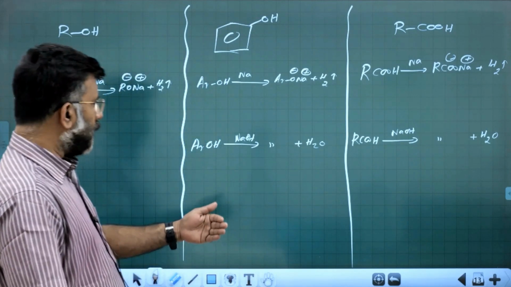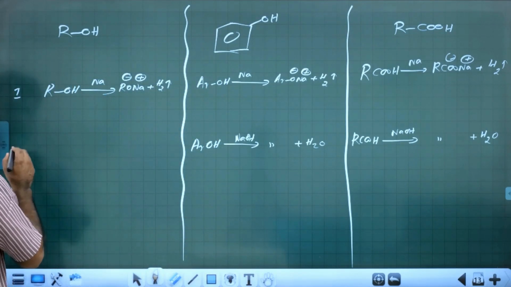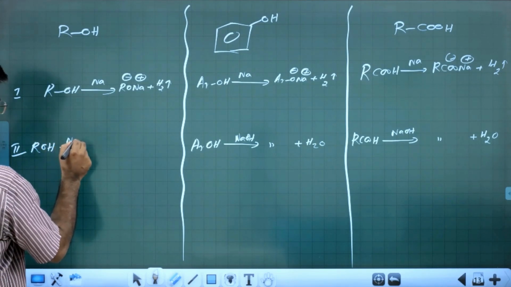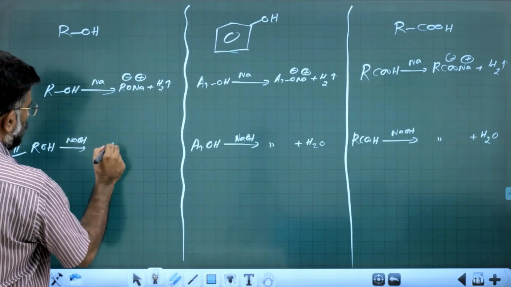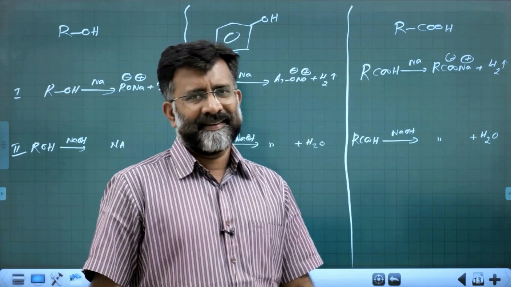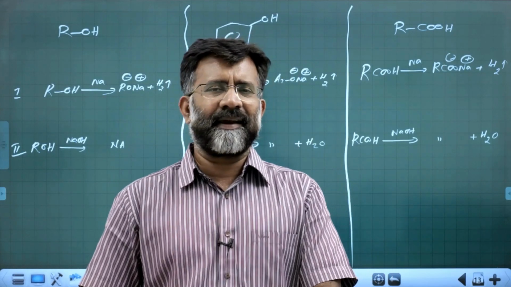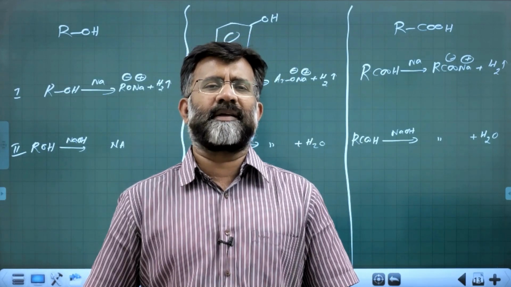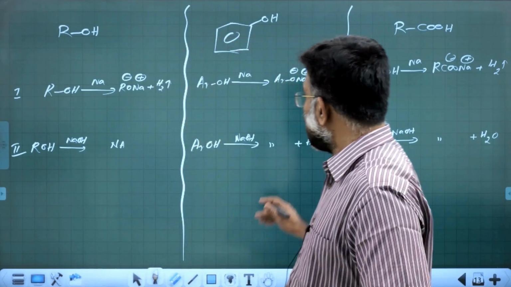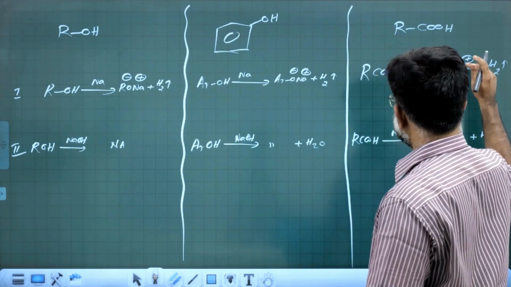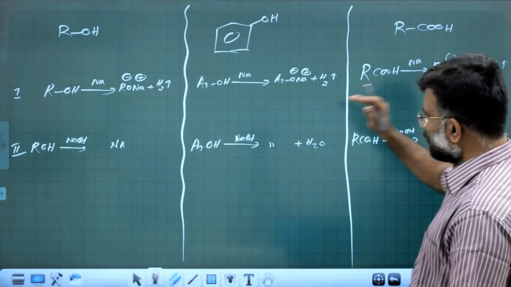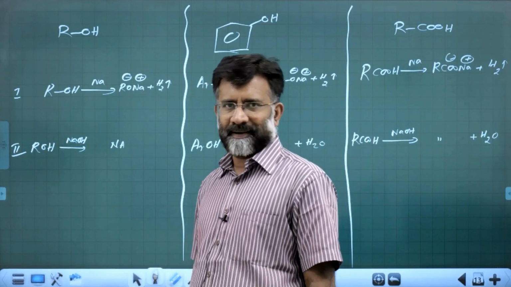Meanwhile, if you come to alcohol, ROH with NaOH, you don't get that reaction comfortably. So alcohols are not sufficiently acidic to be neutralized by NaOH. This reaction you have here and here, but not here, right?